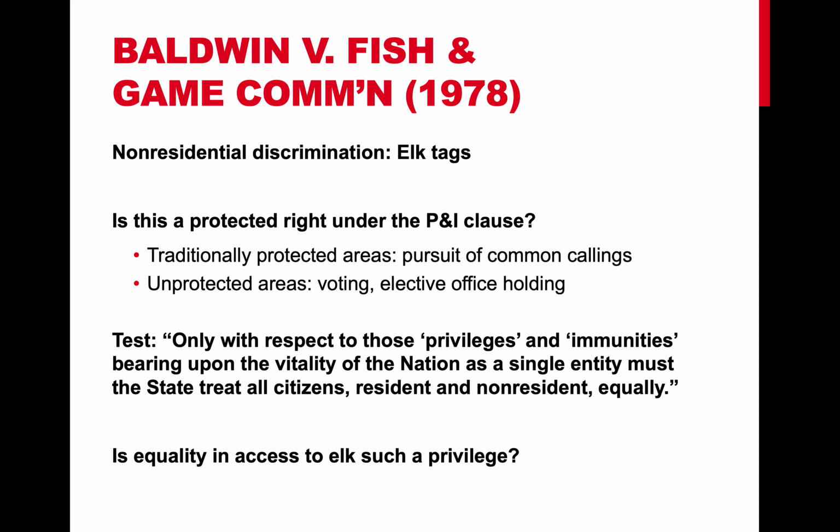It's almost an argument that appeals to the obviousness of the triviality that appears to be on the face of the question. That, of course, elk hunting is not something that is vitally important to national harmony, the way that the ability to work in a state or to hold property in a state or to access a state's courts would be. So perhaps that's why we don't need much analysis here.